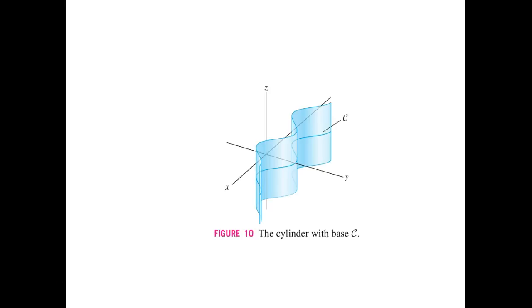Cylinders don't have to be closed. You could have an elliptical cylinder just like you have a circular cylinder, okay? Or you could have just any old curve extending. If it's a curve in the xy plane, it extends infinitely in the z, and rotate that all around, and you've got your cylinder. So that's a cylinder.